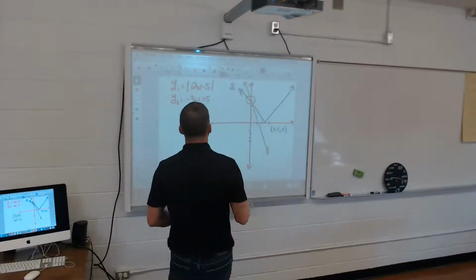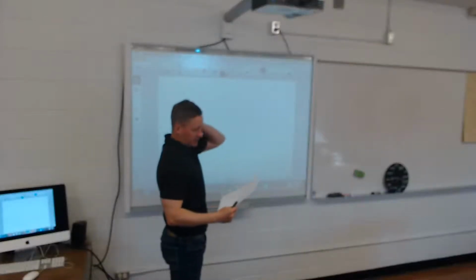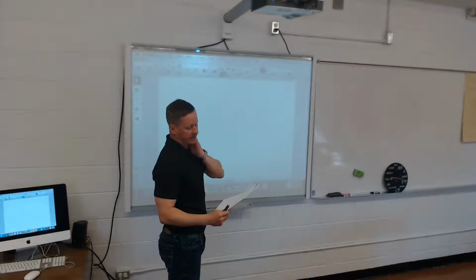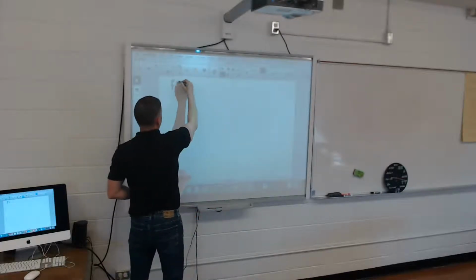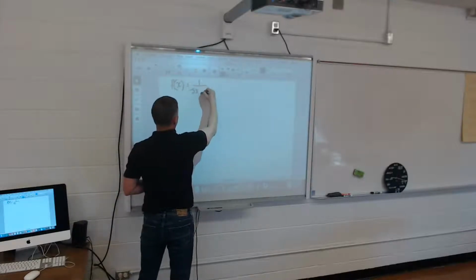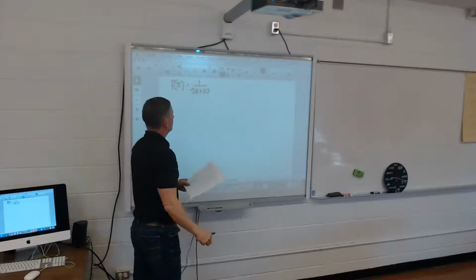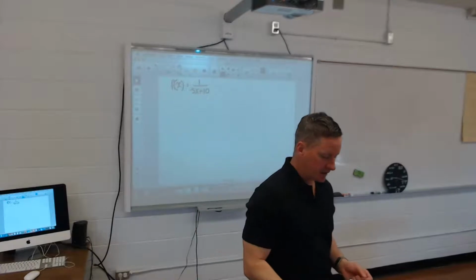Okay, the last question now is: determine the reciprocal of f of x equals 10 minus 5x. So f of x equals 1 over minus 5x plus 10, or if you put 10 minus 5x, that's fine.